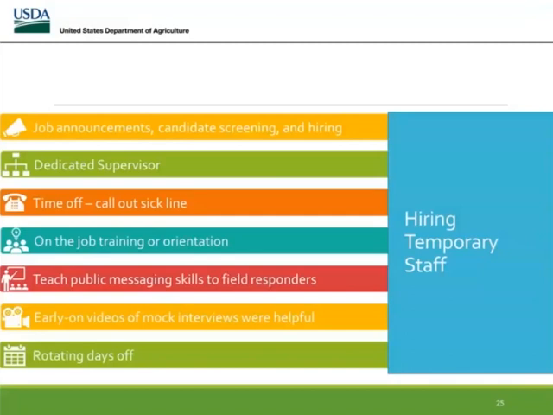The temporary staff were assigned throughout the incident command post in their ICS sections, and they had a lead on their everyday workload in those sections. But they also had this dedicated supervisor for HR, performance appraisal, and accountability purposes.